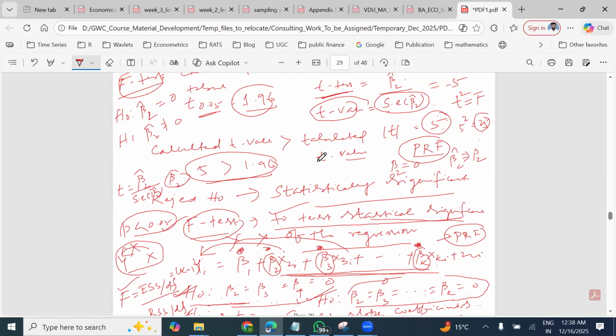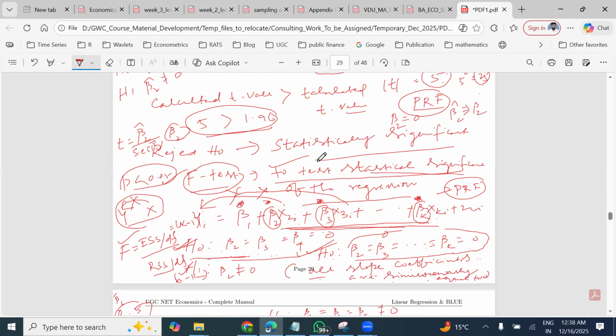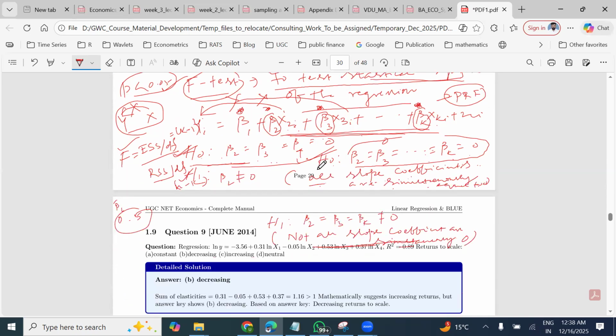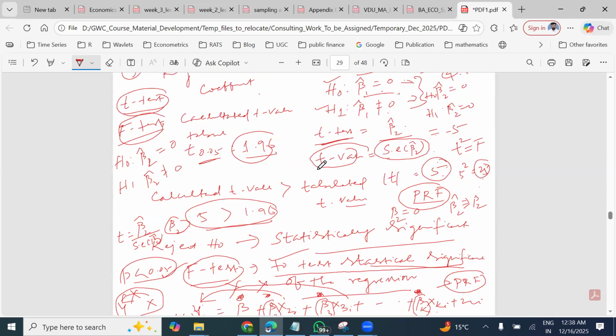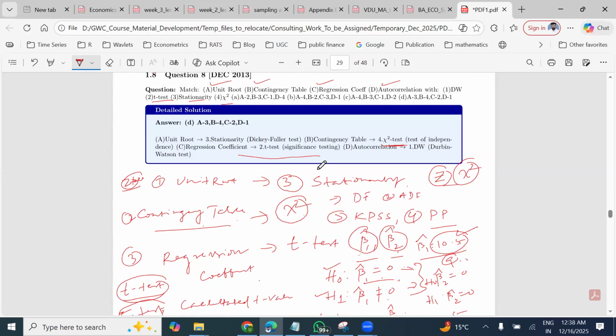In bivariate I told you the relationship: t square is F. There is also a relationship between R square and F, which I will tell you tomorrow, but today it would be a little heavy on you. Is it clear? Yes, sir.